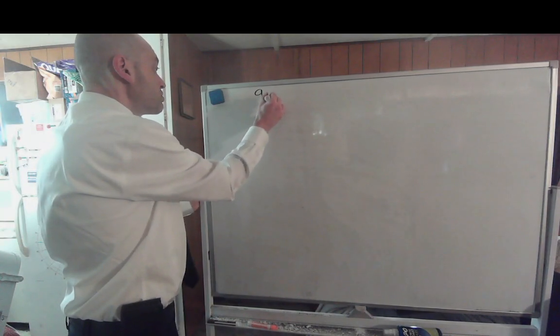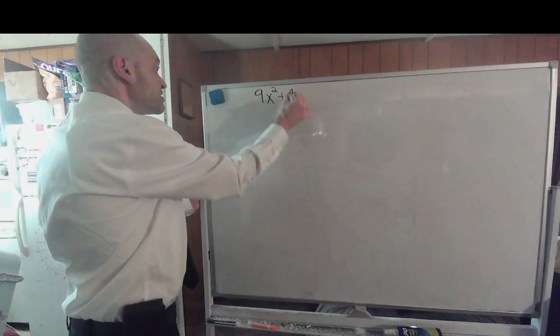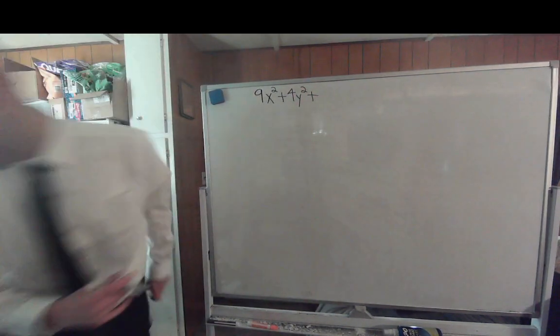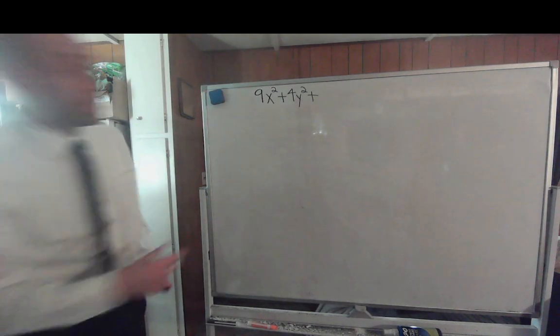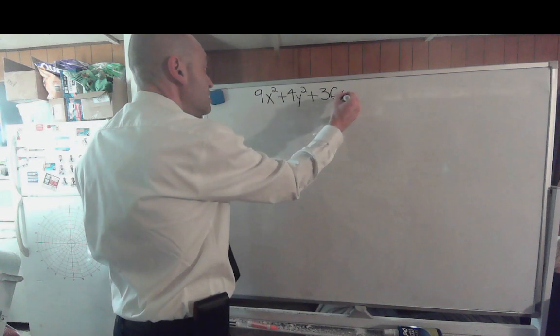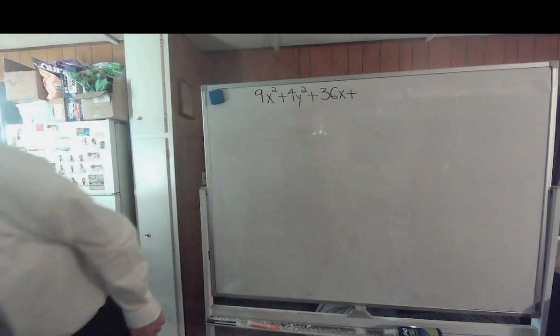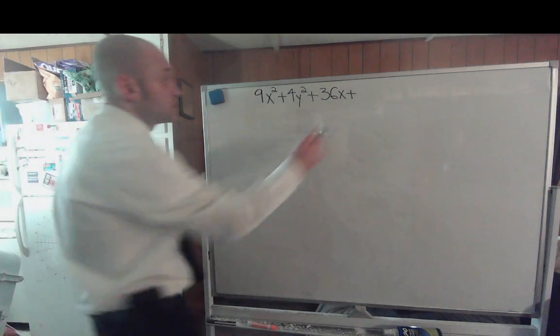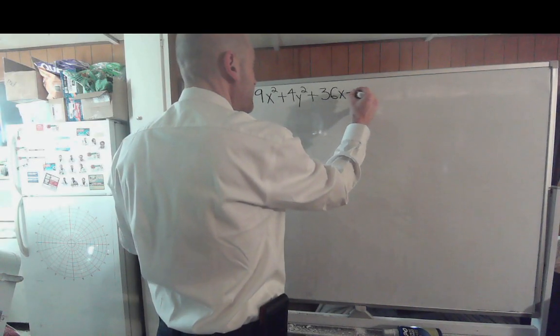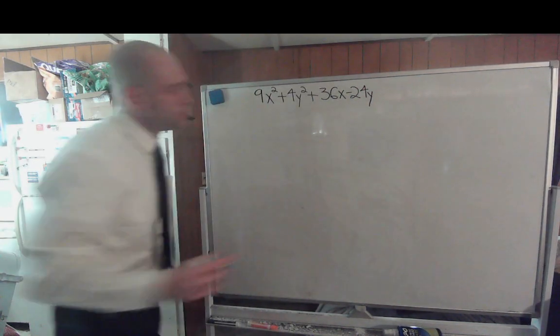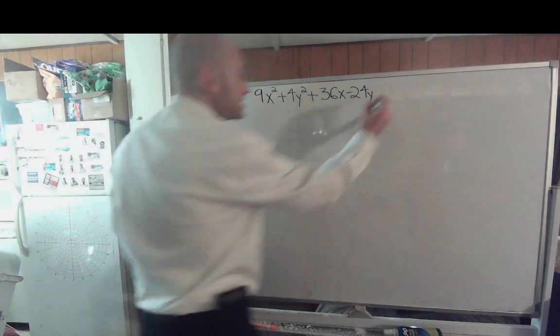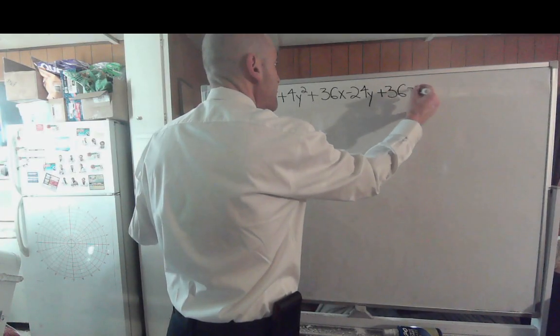Alright, so let's do a couple of these here. So we have 9x squared plus 4y squared plus 36x, actually minus, excuse me, this will be minus 24y plus 36 is equal to 0.